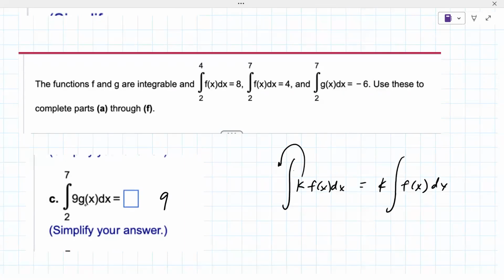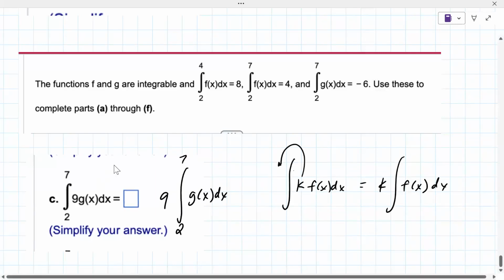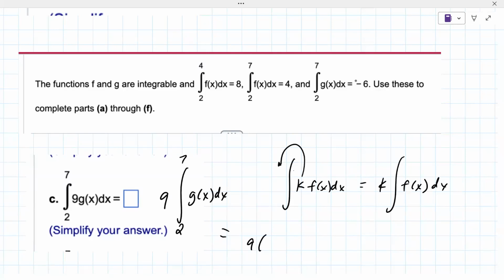This 9 comes out, and they're telling you the integral from 2 to 7 of g of x dx is -6. So this is 9 times -6, which is -54.